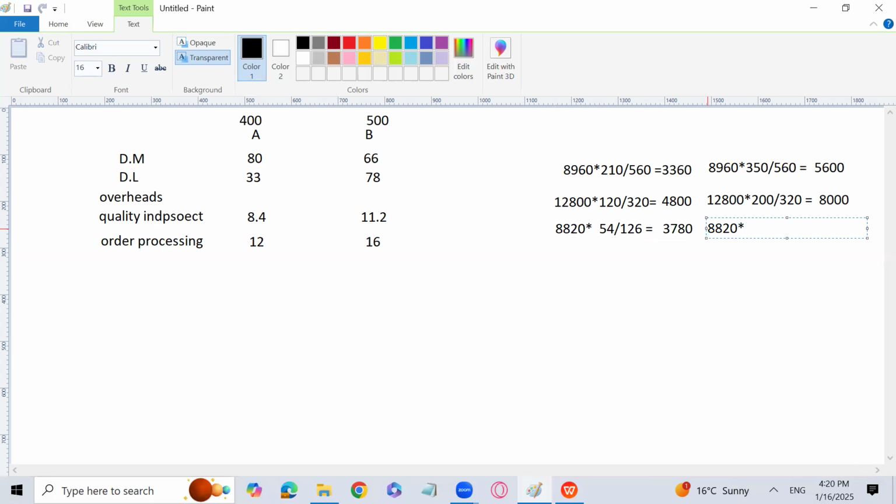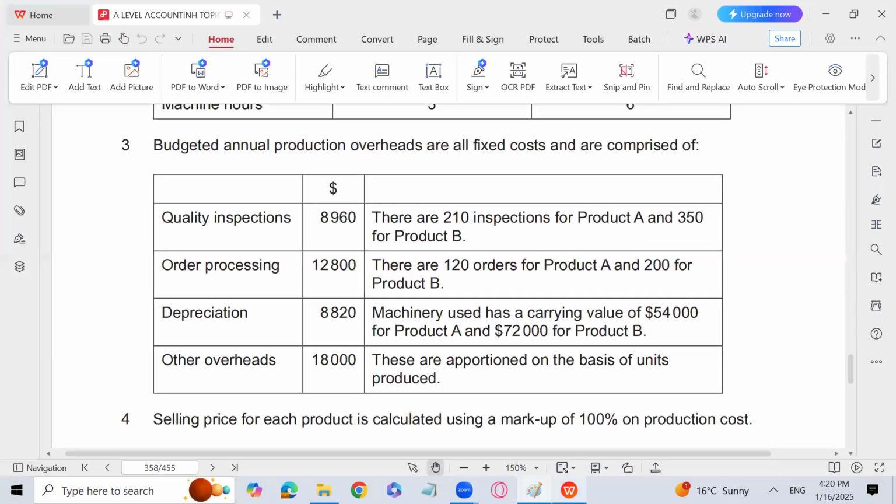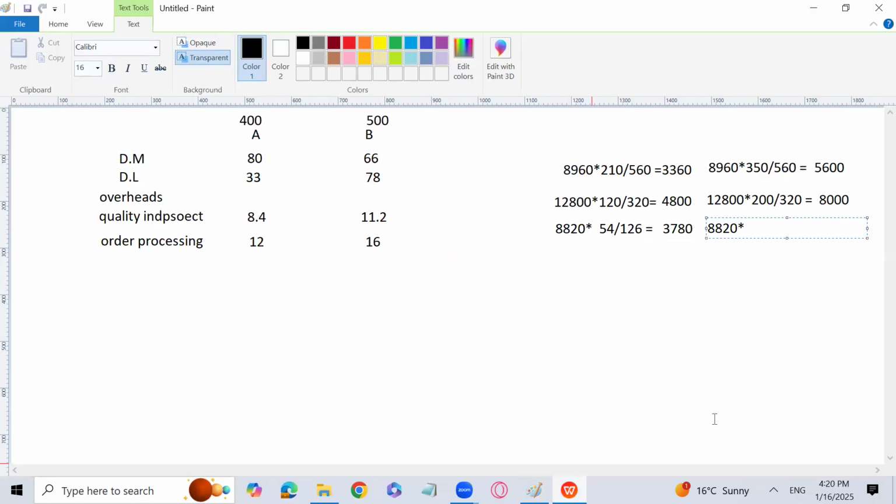Then again 8820 multiplied by 72 divided by 126. 5040.